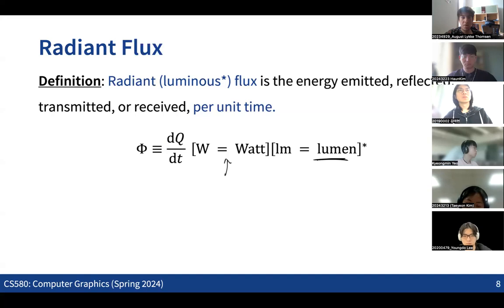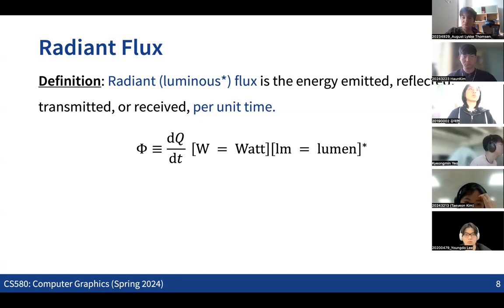But the ratio of these two will not be the same for each light source. That also means that if we have different light sources, such as LED bulbs or fluorescent tubes, there can be more efficient light sources, which make brighter light while consuming the same amount of energy, right?